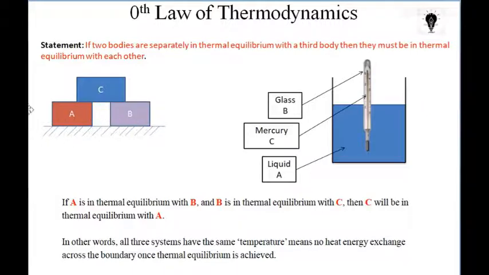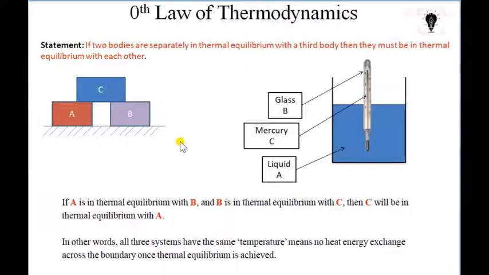As soon as the temperature of all bodies A, B and C becomes the same, there is no heat energy flow across the systems. There is no heat exchange from A to C, none from C to B, and none from A to B. So at that time we can say it is a thermal equilibrium state.